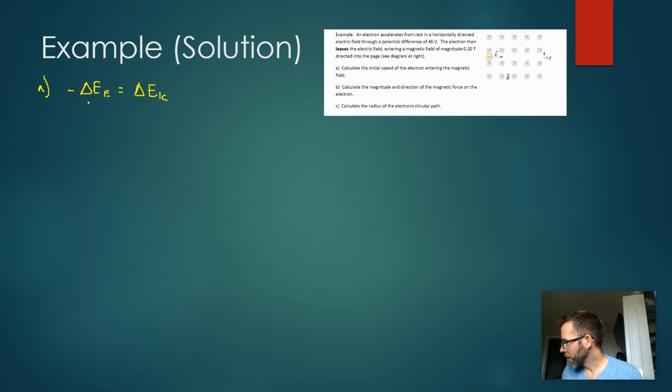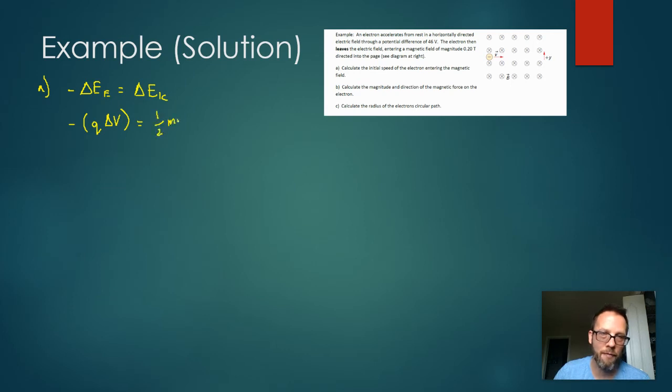Inside a uniform electric field, and actually this is true all the time, the change in electric potential energy is given by the charge times the change in electric potential. And if our electron was originally at rest, then the change in kinetic energy is just 1/2 mv squared, the kinetic energy it leaves the electric field with.